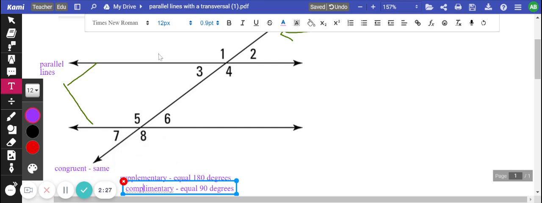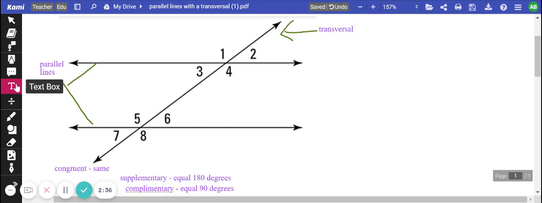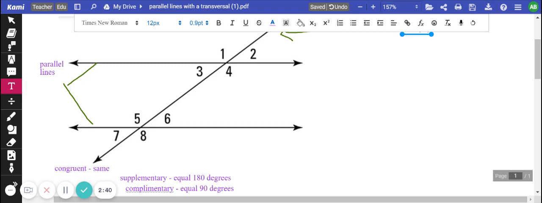Okay, so the first rule that I want to talk about is a straight line. We know that straight lines always equal 180 degrees. So straight angle is what it's called, equals 180 degrees.